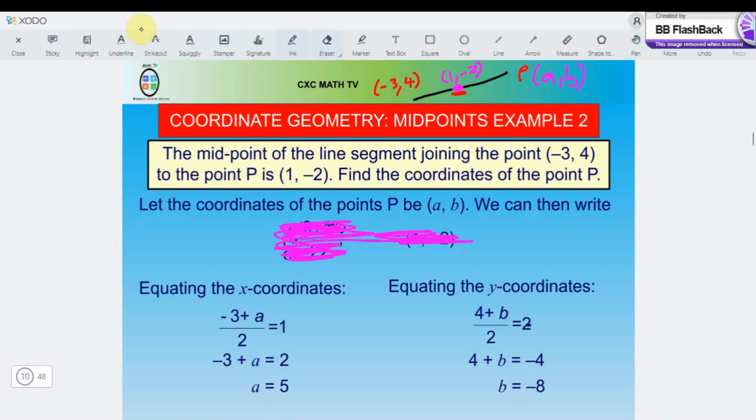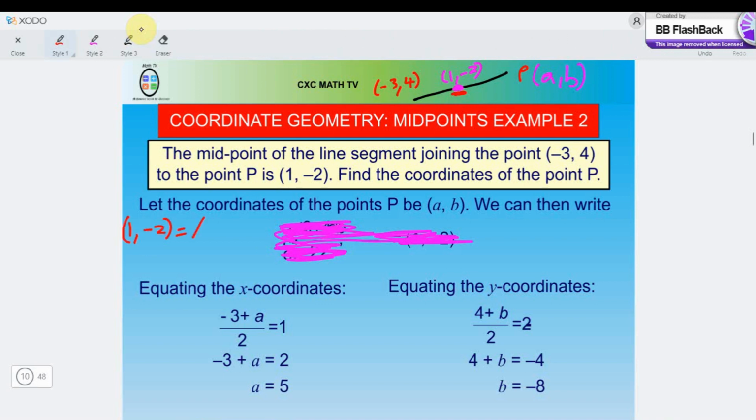So setting it up properly, we're saying that 1, negative 2, to get the midpoint, it's equal to, remember it is x1 plus x2 divided by 2, comma, y1 plus y2 divided by 2. So in that case, we're saying 1, negative 2 is equal to x1 plus x2, so it's negative 3 plus a divided by 2, comma, the y value is 4 plus b divided by 2.